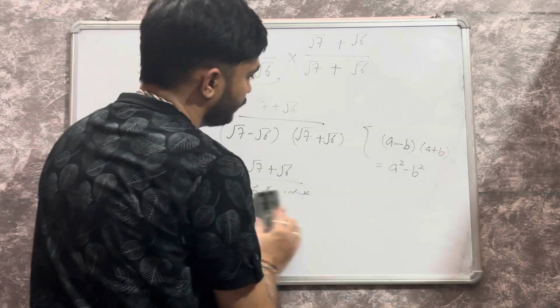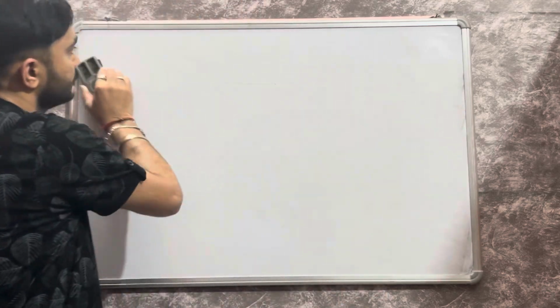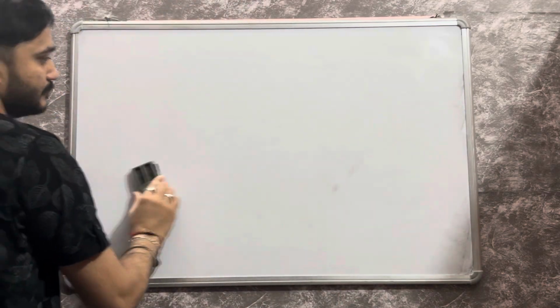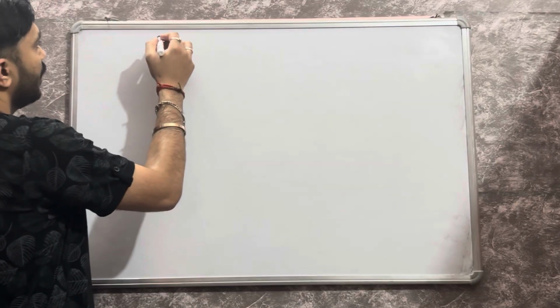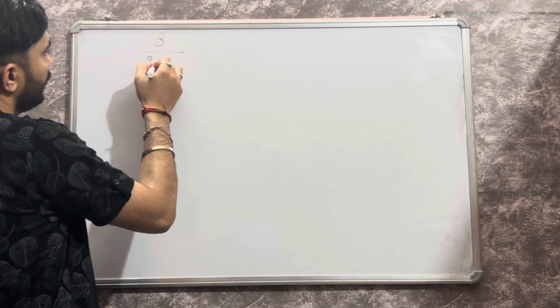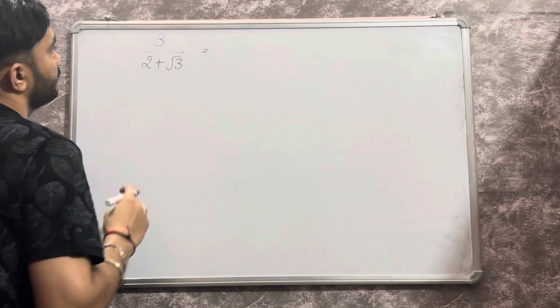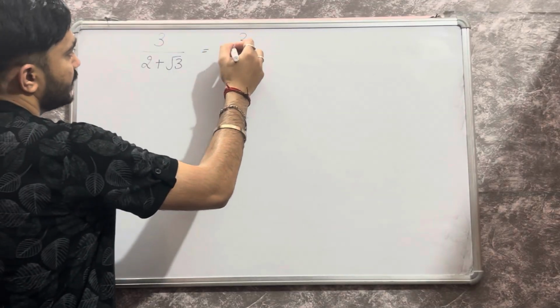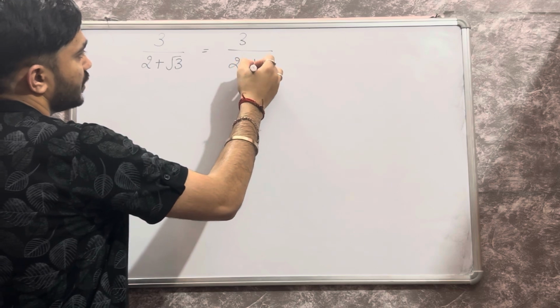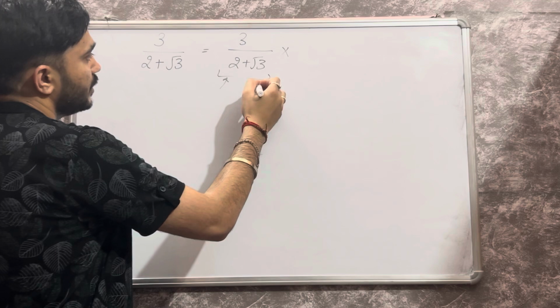Now let us solve one more example of this type. What if someone has asked you to rationalize 3 divided by 2 plus under root 3? Write 3 divided by 2 plus under root 3 as it is, and multiply. What is the denominator? 2 plus under root 3.